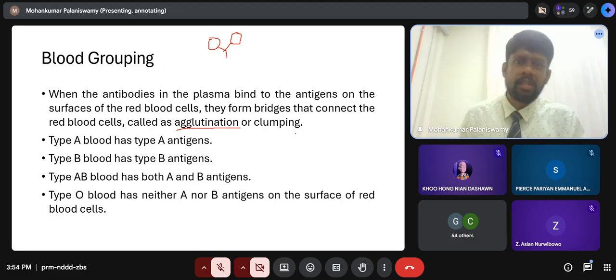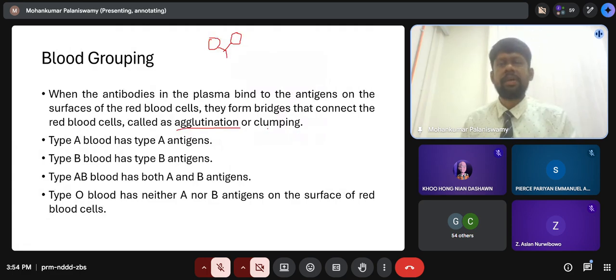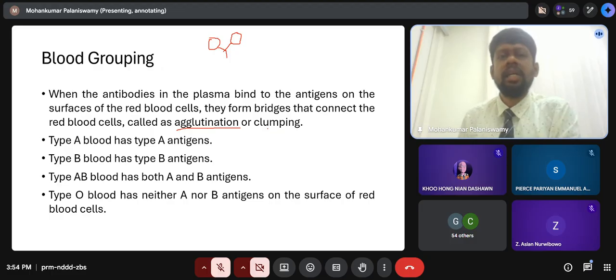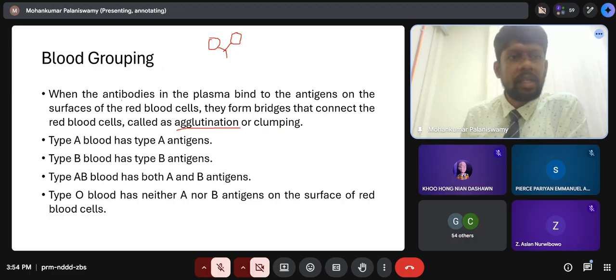What happens is this agglutination or clumping. The blood becomes like a jelly or jam, like ketchup. Imagine something like that happening inside our body. So if the antigen and antibodies bind, that's what happens.